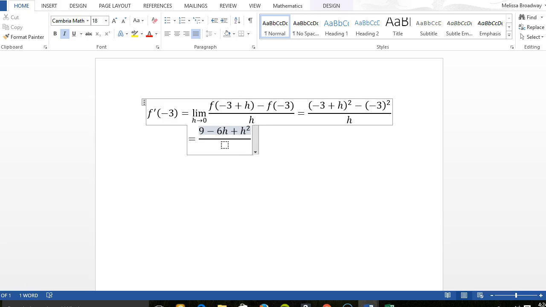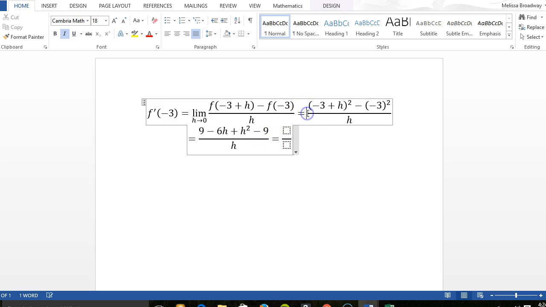You could also FOIL, negative 3 plus h times negative 3 plus h. And then minus, now this minus sign survives, but the negative 3 gets squared to positive 9. Be careful there. All that over h, and now the 9 and negative 9 are going to cancel.